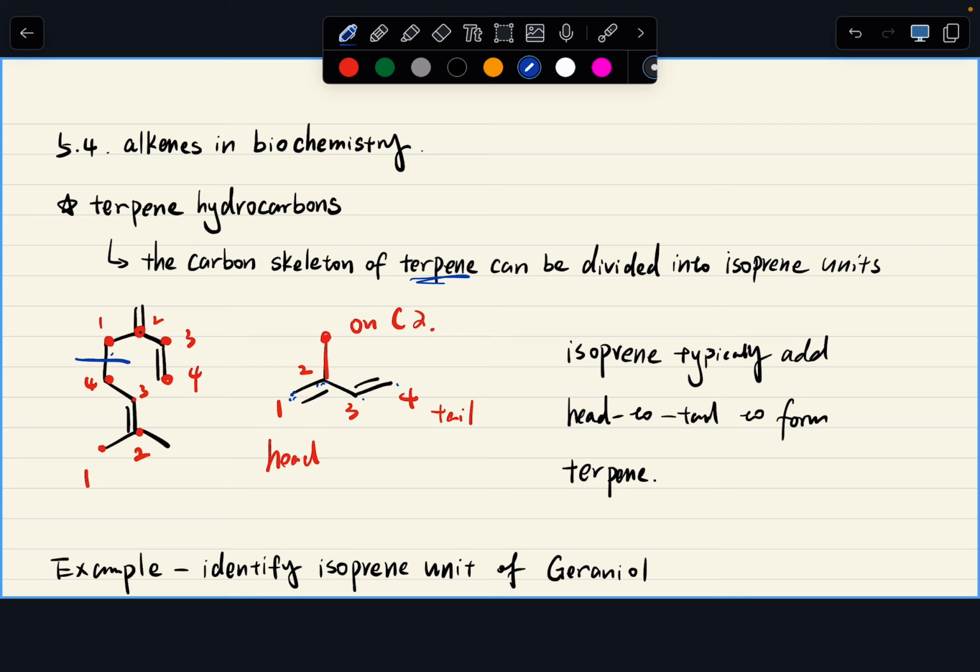In this case, I'm just showing in the terpene why this is a terpene, because it is formed from two isoprene units in a head to tail way. They're not identical. Looking at the carbon skeleton, the terpene is a double of the isoprene's carbon skeleton, ignoring all the functional groups.